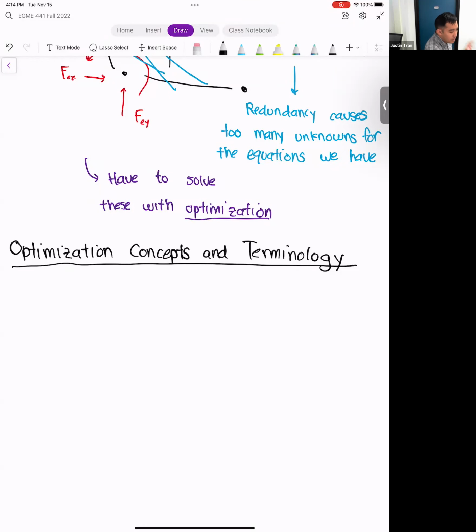For optimization, it's a lot more broad. You don't really have to have equations in general. You can actually do optimization without any equations, except for one you can make up. The only requirement in order to run an optimization is that you need a way to check how good a candidate solution is.